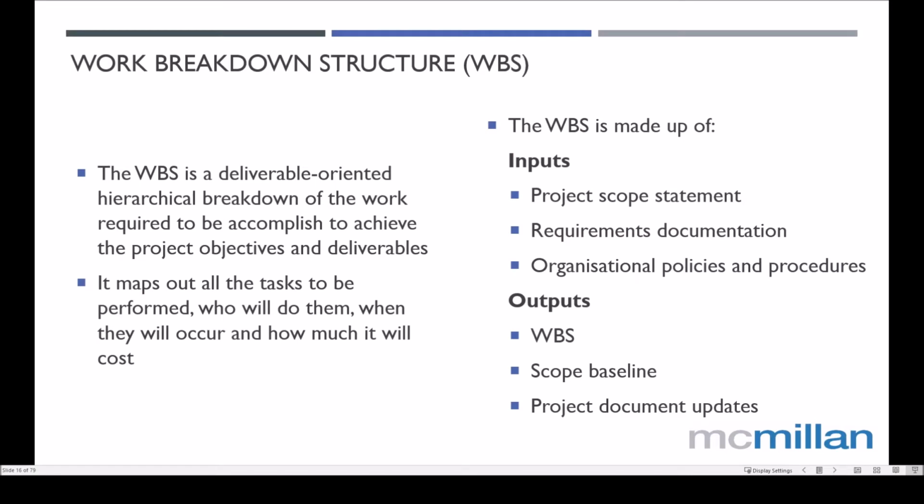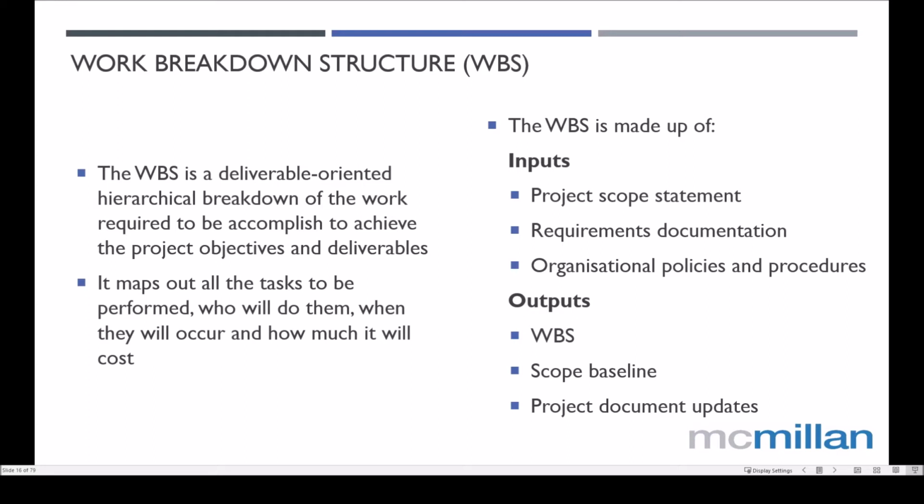The work breakdown structure, or WBS, is a hierarchical diagram that decomposes what needs to happen from a top-down perspective. So you take the project's overall goal, you then identify the deliverables that need to be delivered as part of that project goal, and then you unpack the tasks or actions that need to occur to deliver on each of those activities and deliverables.